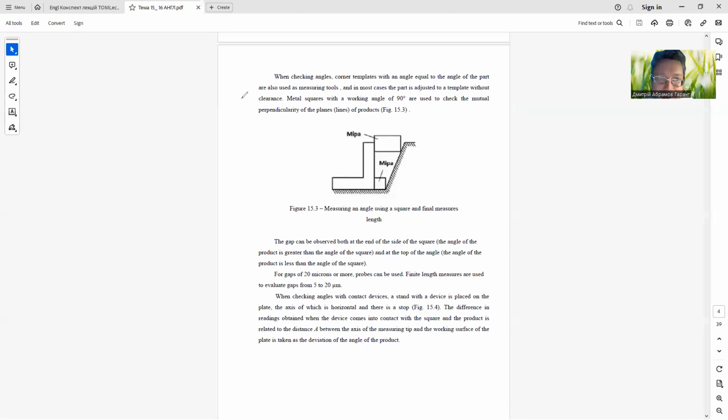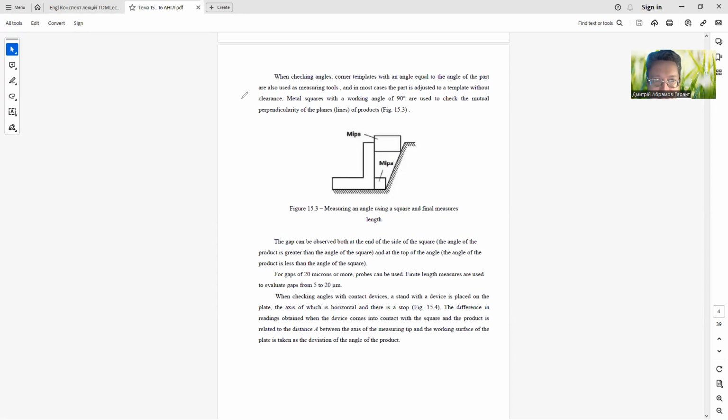When checking angles, corner templates with an angle equal to the angle of the part are also used as measuring tools. And in most cases, the part is adjusted to a template without clearance.